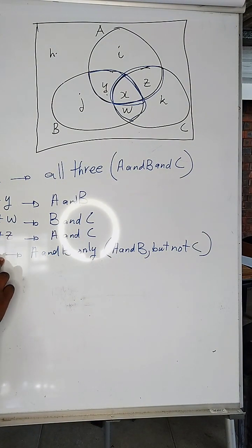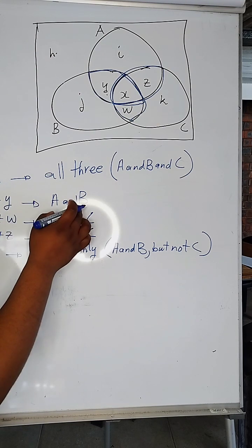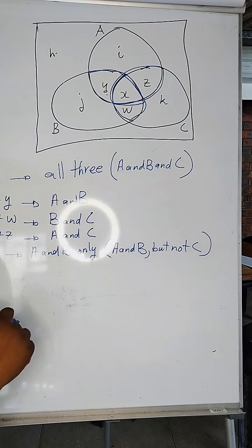Remember, you can find Y using this one again. So what do you mean? You are going to say this minus the intersection, but we'll deal with that when we get there, okay?